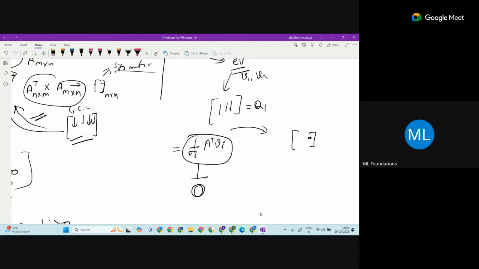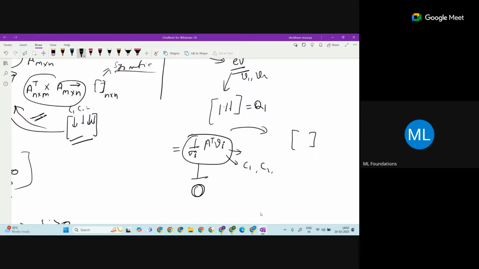Suppose you are able to find it column-wise, C1, C2, in increasing order, up to the first two. The third eigenvalue is 0, so it will be 0 here, and you cannot do this.